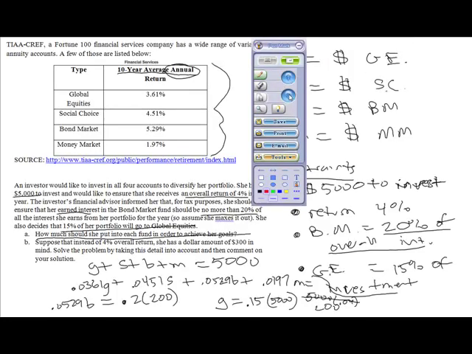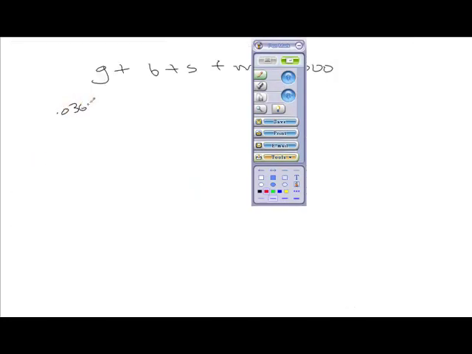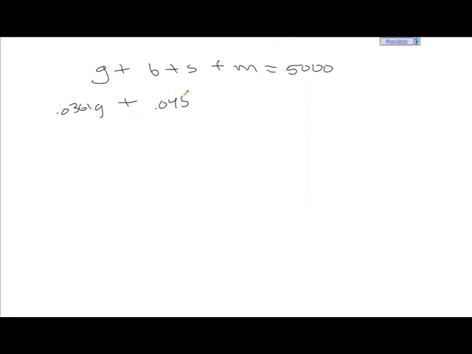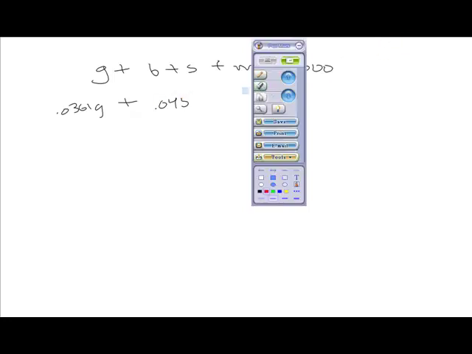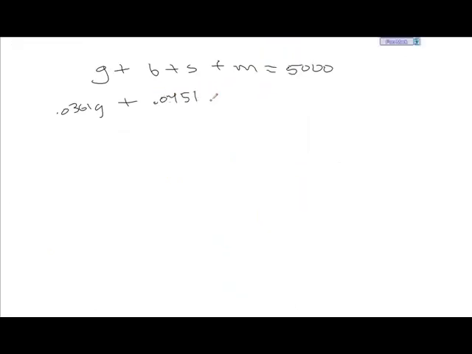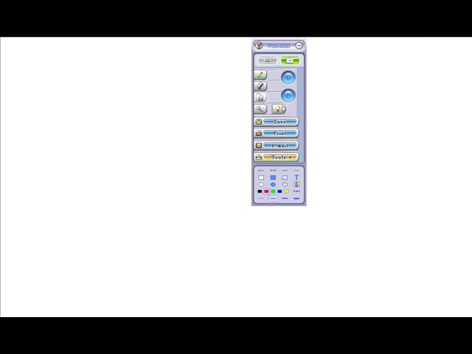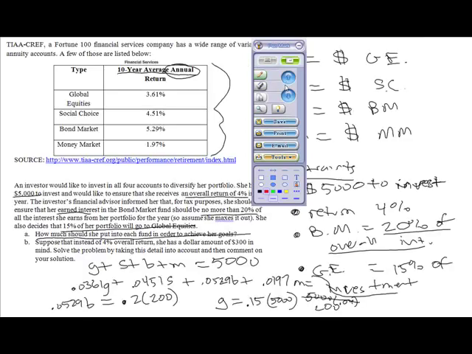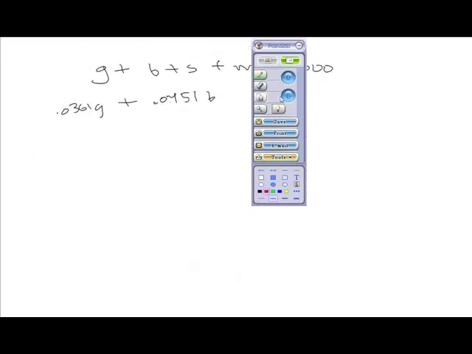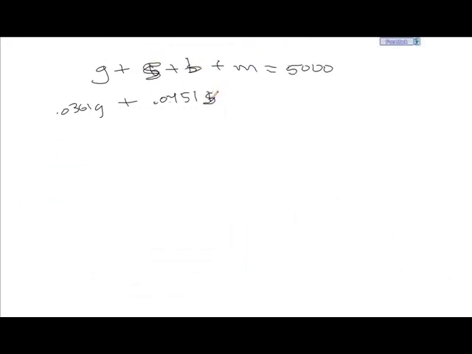The total interest, 0.0361 G plus 0.0451 S. Excuse me, that should be S. So this should be S plus B, and this should be S right here.